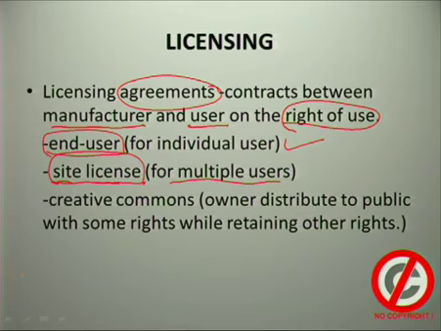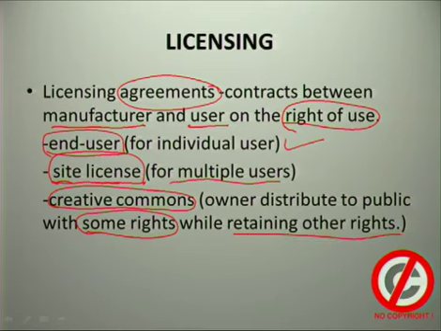And the last type of licensing would be your Creative Commons license. Now, with this software, the owner will distribute the software to the public with some of the rights of the software, and the owner will still retain other rights of the software.